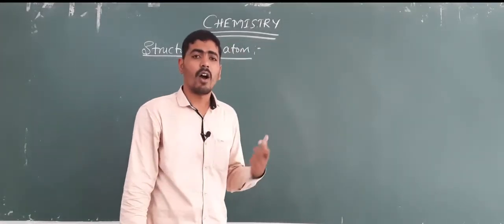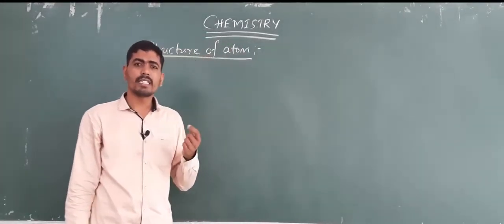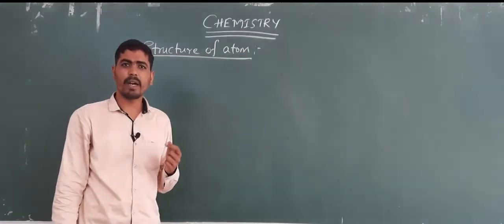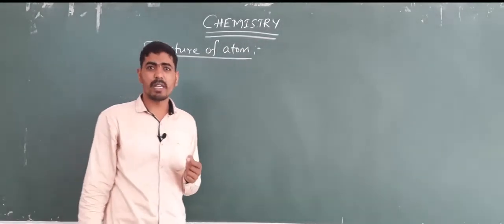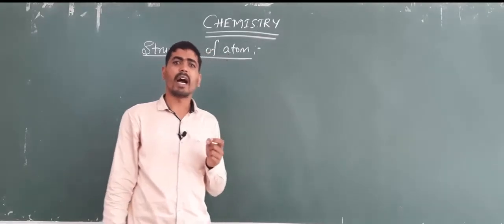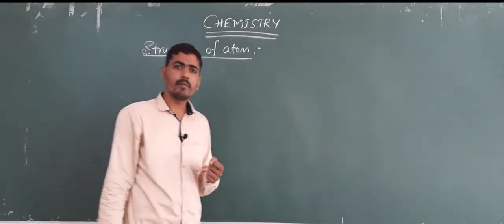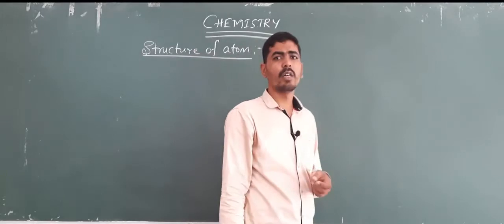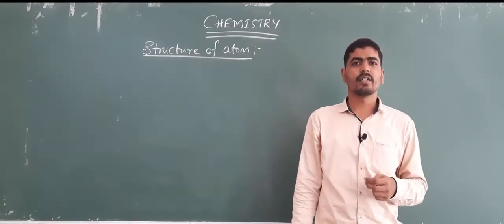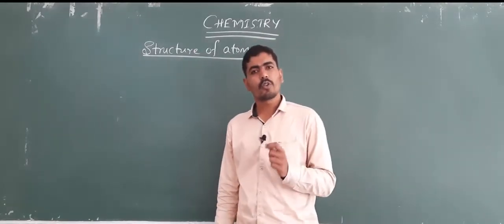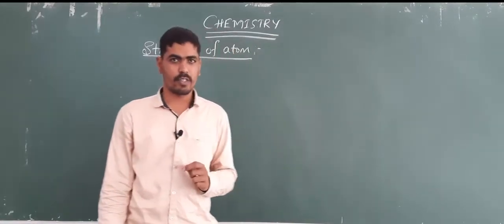Okay, and what is this matter made up of? It is made up of small tiny particles which are indivisible, and those are said to be atoms, and that atom further consists of three fundamental particles. Those are protons, neutrons and electrons.